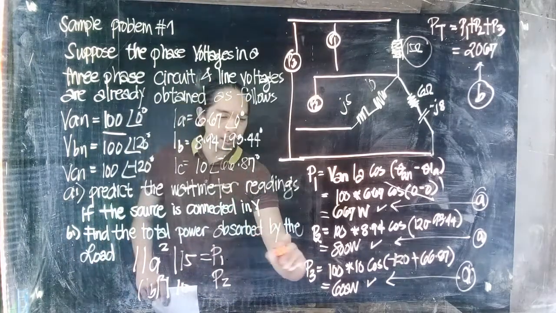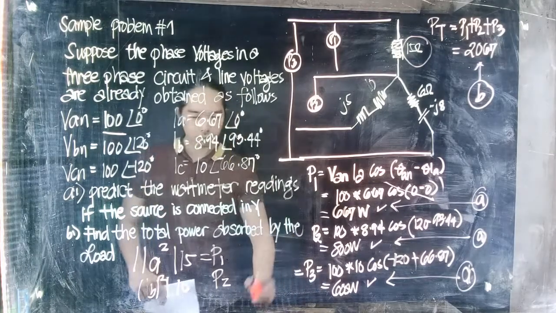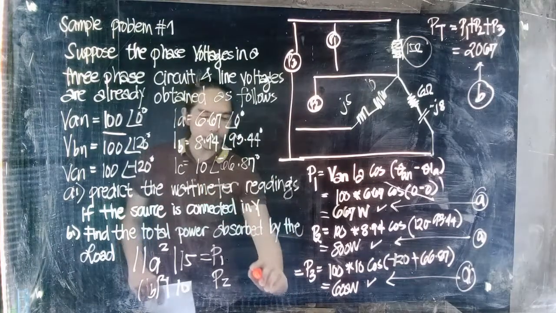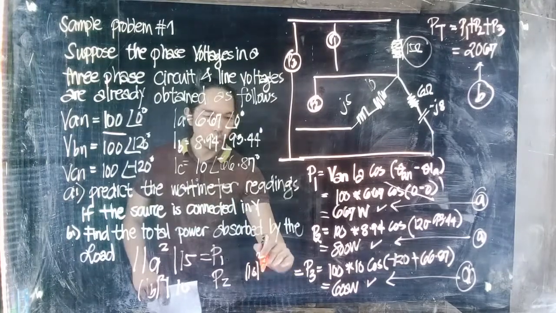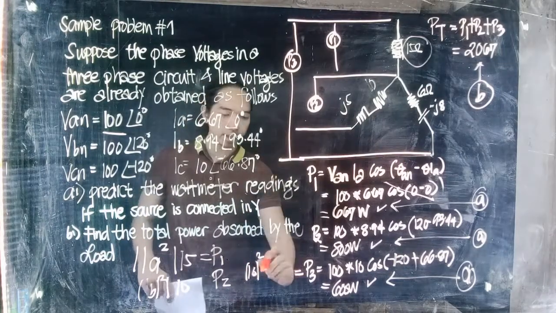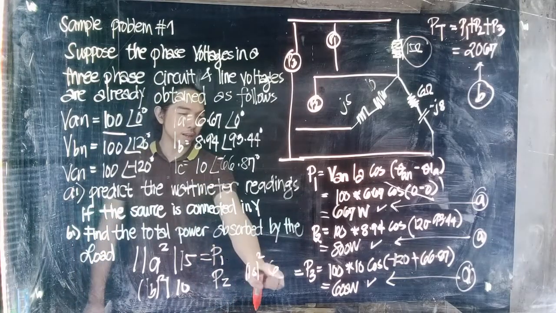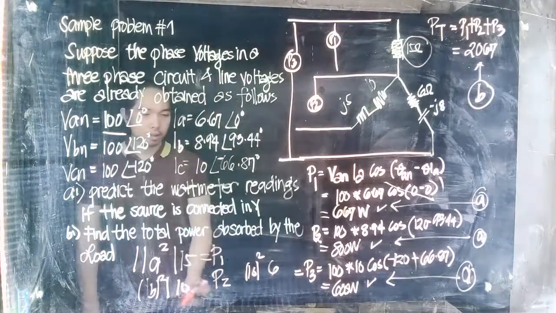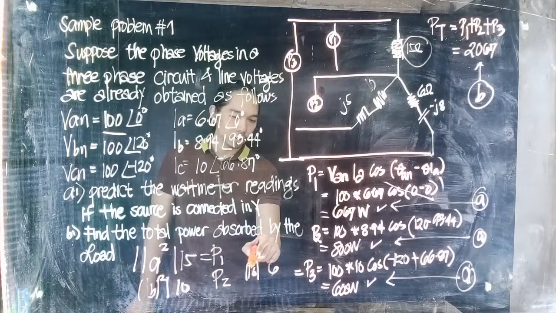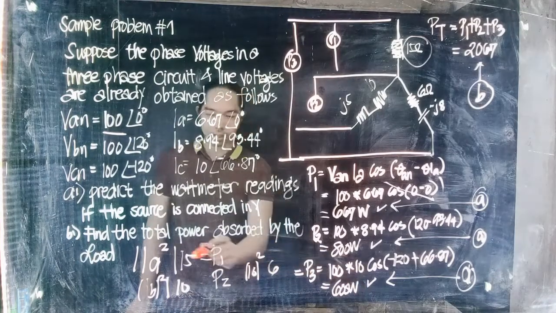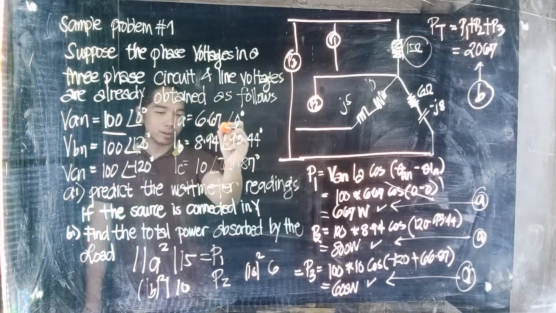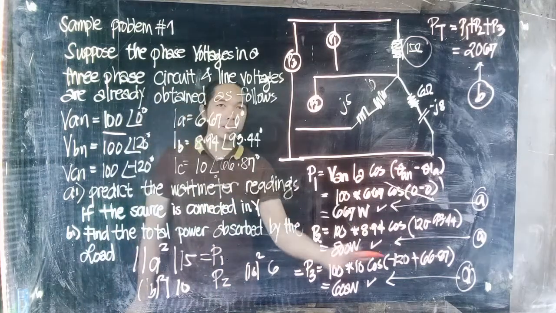And for P3, that would be IC squared, which is 10 squared, multiplied by the real part in C, which is 6. You can obtain the same answer. As you can see, 100 times 6 is 600. And 6.67 squared times 15, everything will be obtained with the same values.